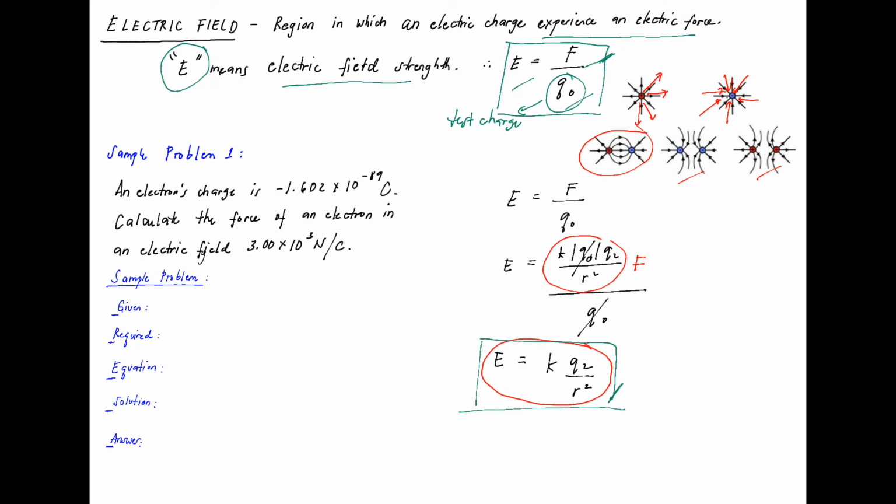So for this equation, if we have here the charged body, we're talking about the electric field strength at some point of this area. So what could be the electric field strength on this part? How about on this part or on this part? So that's how equation 1 goes.